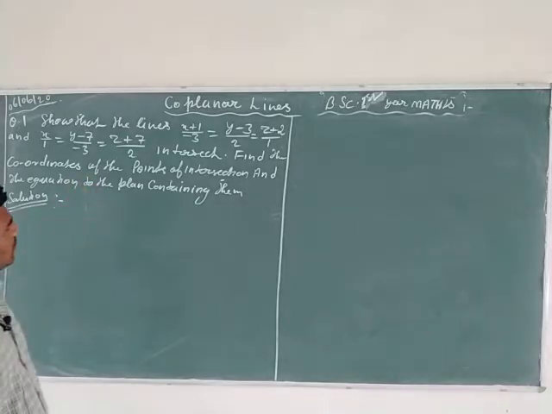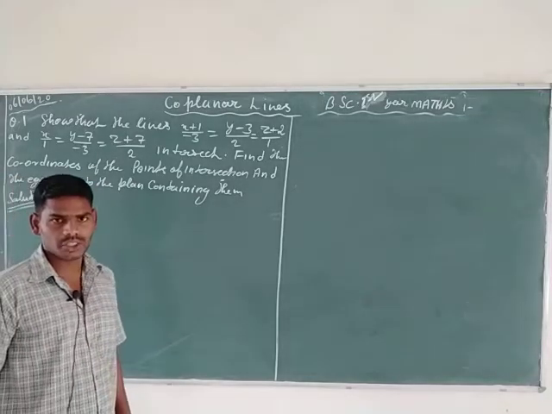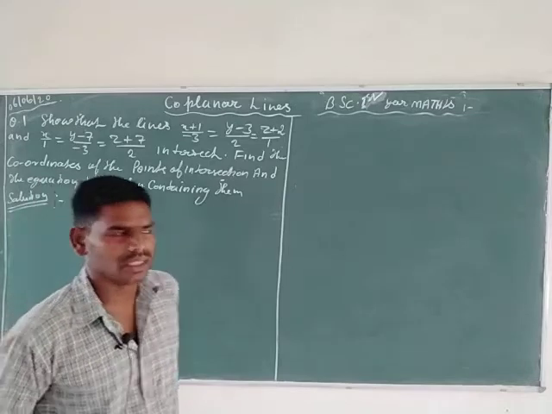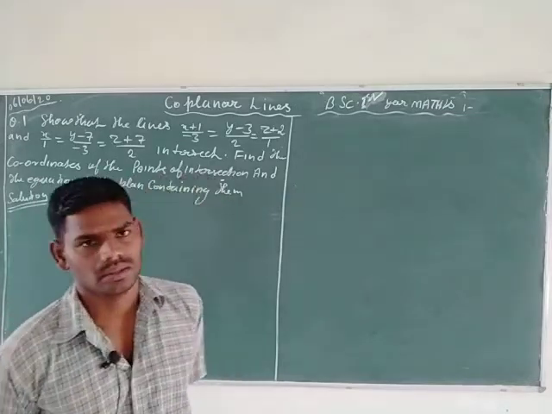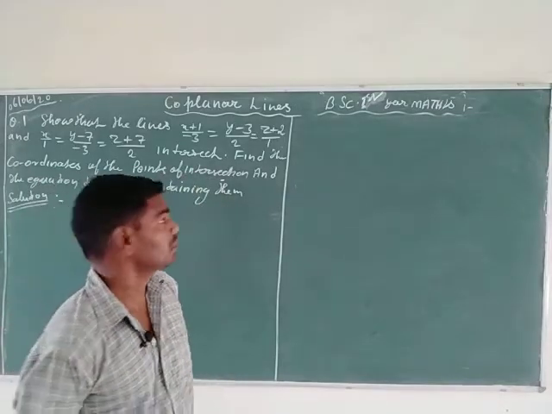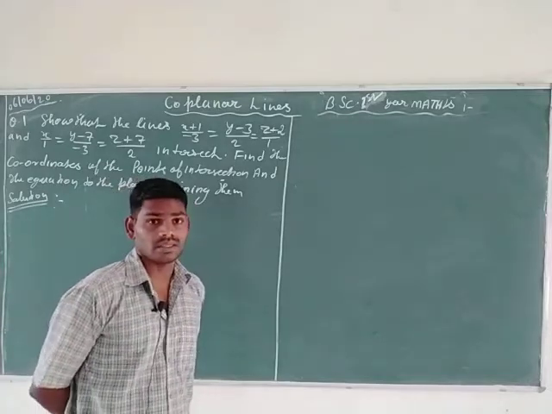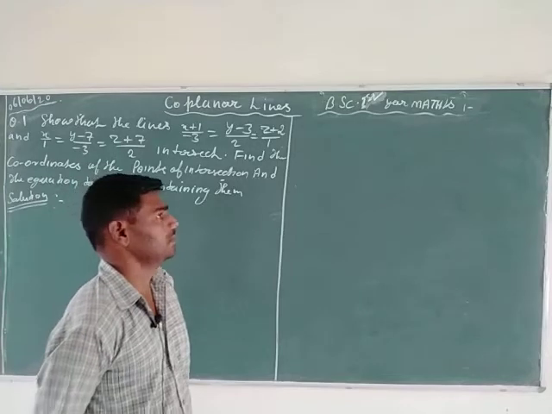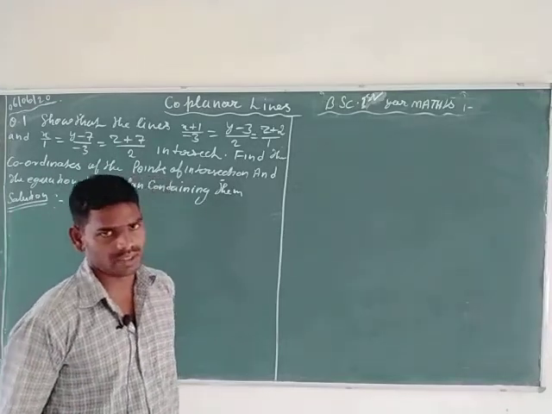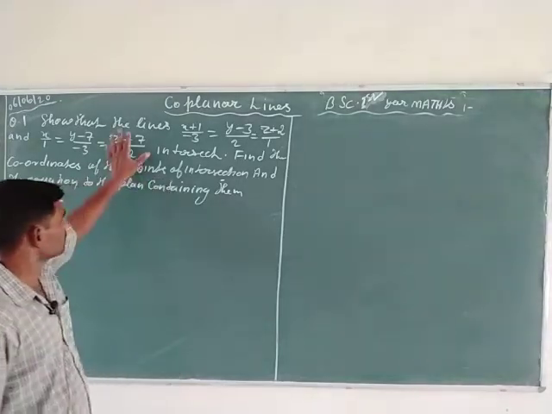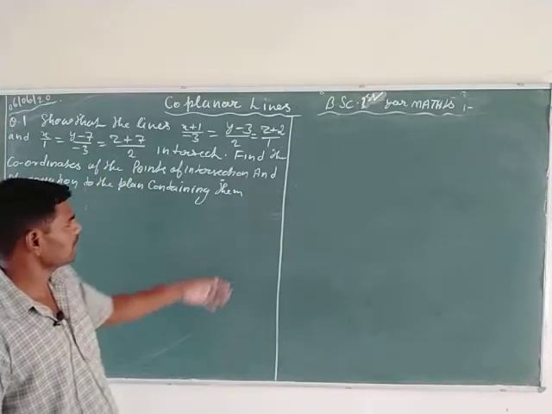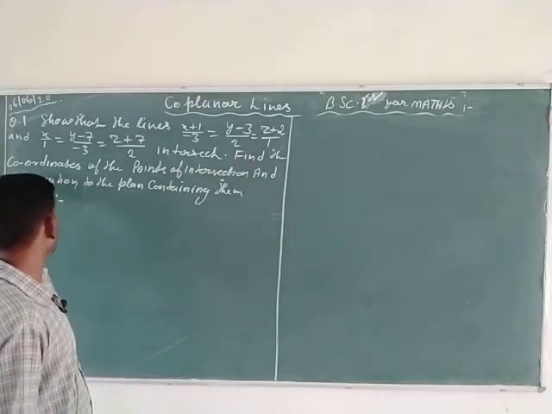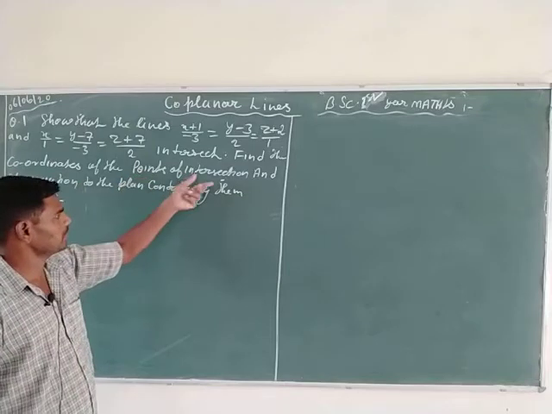Intersecting is only possible when these lines lie on the same plane, meaning coplanar. So intersecting lines and coplanar lines are the same sense. That is the first part of the question, and in the second part, find the coordinates of the point of intersection.